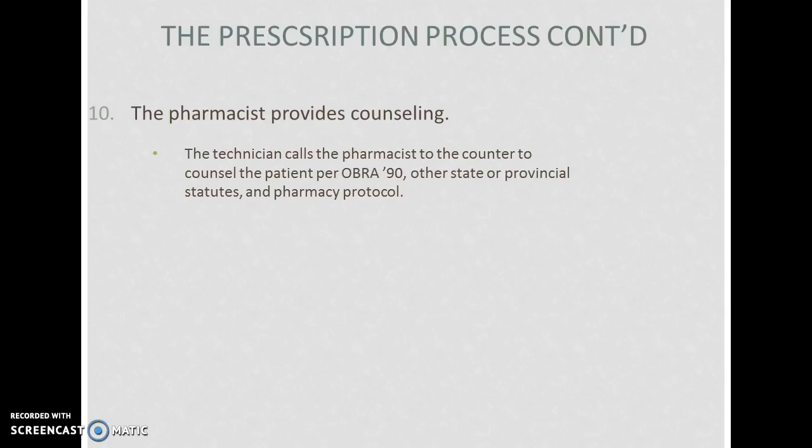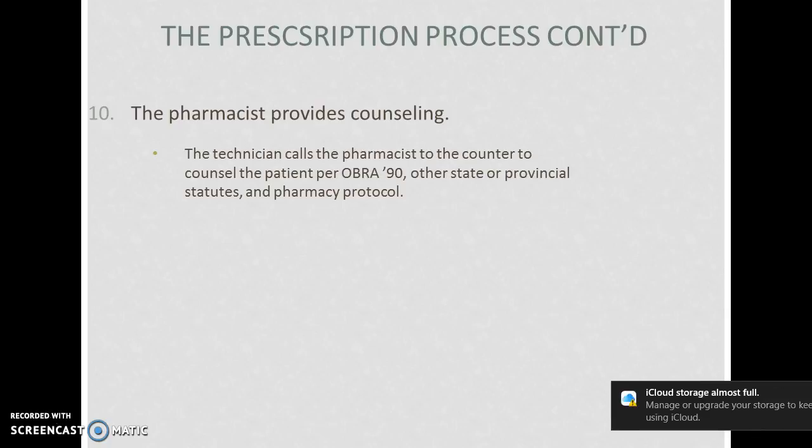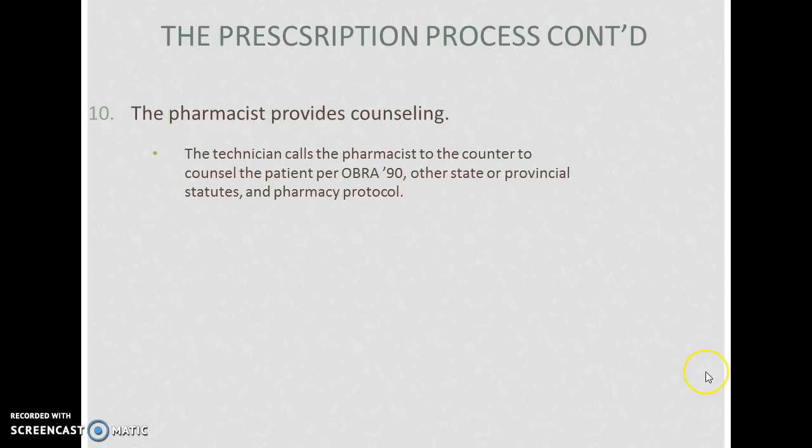So the technician calls the pharmacist to the counter to counsel the patients per OBRA of 1990 and other state professional statutes and pharmacy protocol. Okay, so that completes the prescription process. Again, each of the 10 steps can be prone to error, but each of the systems also has their own checks.